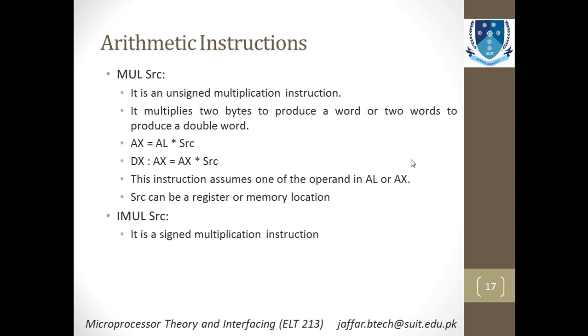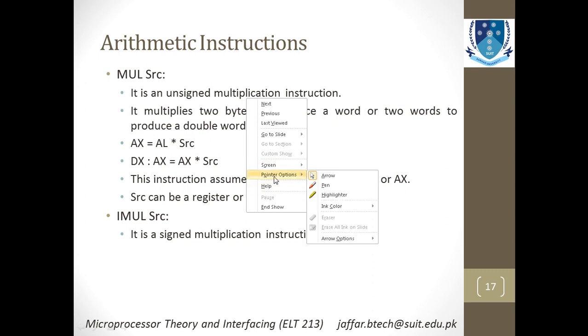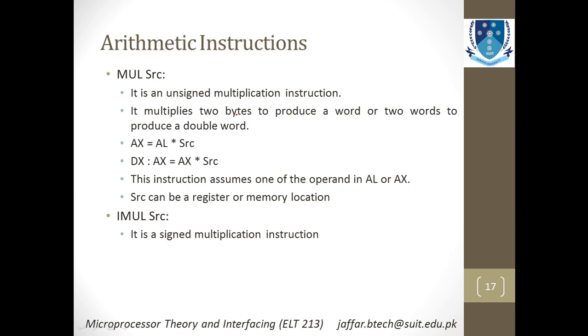Now there is multiplication. You can use source multiplication with any byte or word. It basically multiplies 2 bytes to produce a word, or 2 words to produce a double word.